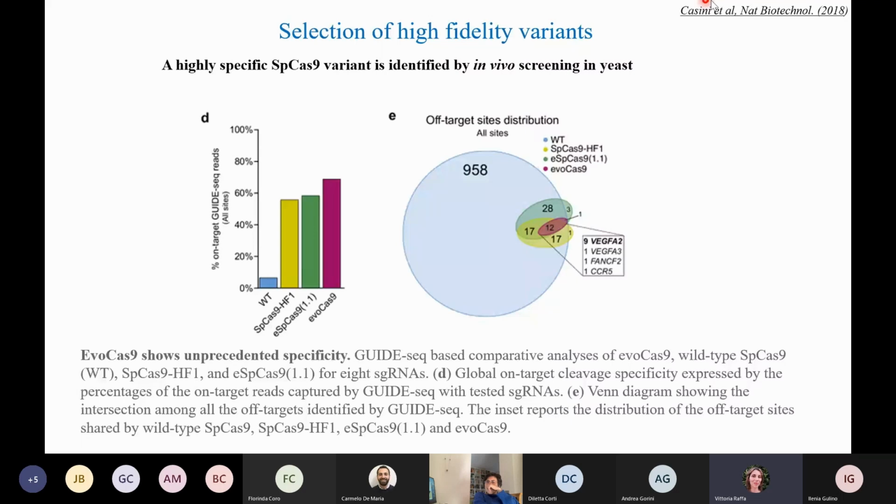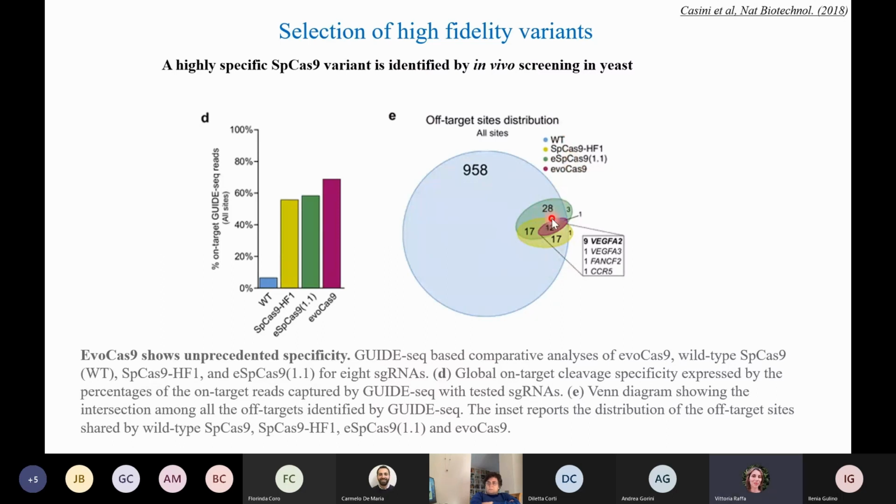high fidelity modality. What you can see in this graph is that the normal, let's say the wild type Cas9, for example, when injected in cells and targeting one specific gene, was responsible for 28 off-target events.